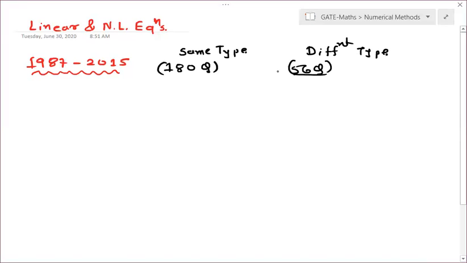If you analyze these 56 questions, 42 questions are from the Newton-Raphson method.